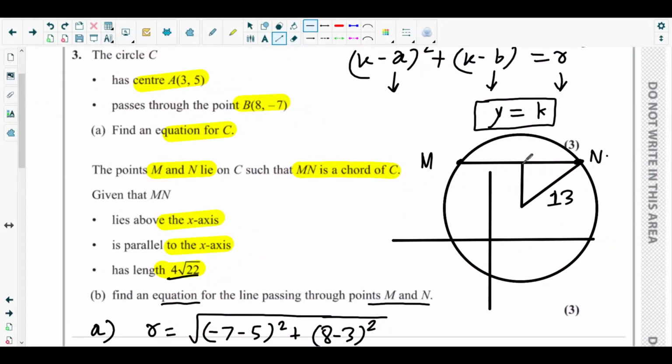Do we know the value of this line? We don't know. We need this one, because our main aim here is to find the y coordinate of point N. If we can figure that out, then we are able to find the equation of line MN.